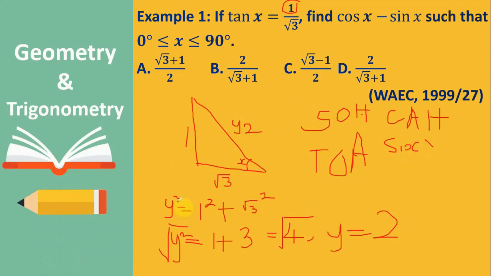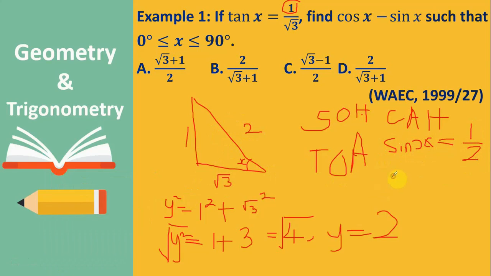Sine x is equal to the opposite, that is 1, over the hypotenuse, that is 2. So let's write our sine: sine x equals 1 over 2, since we know that it is opposite over hypotenuse.